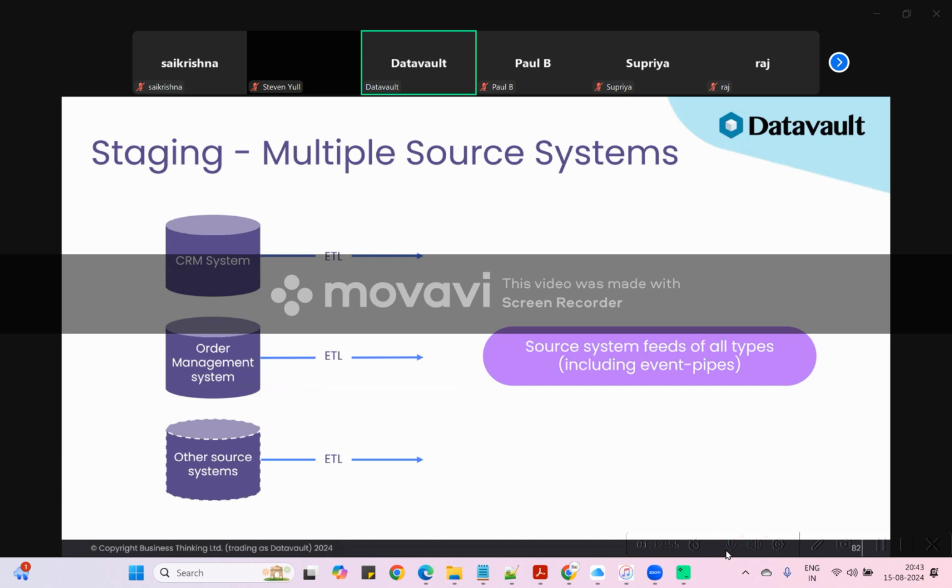We're going to have multiple source systems coming in. We can cope with all kinds of mechanisms, including real-time event pipes. We're not going to cover that off here. I'll talk about the batch process for loading data, but essentially, at the end of the day, the SQL is the same to get the data into the warehouse.